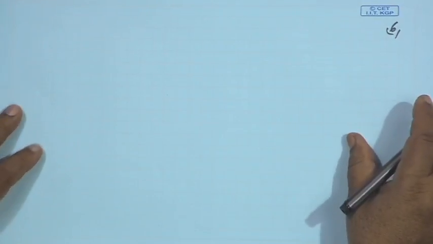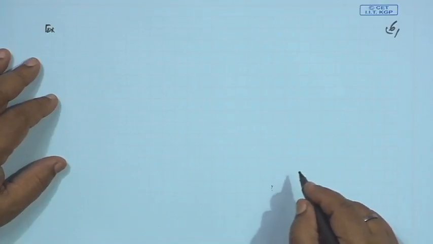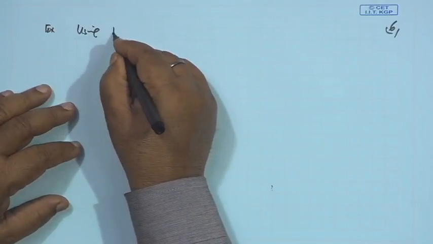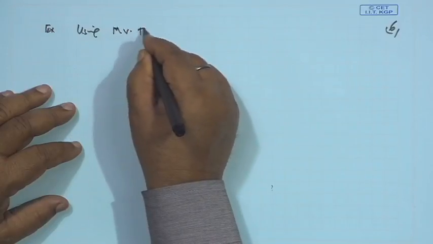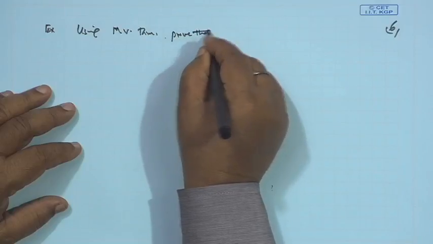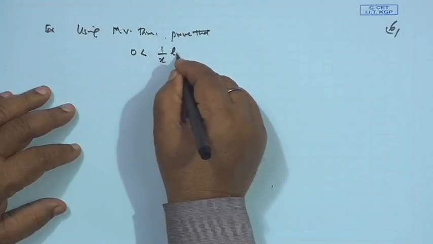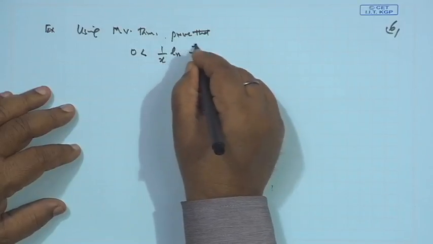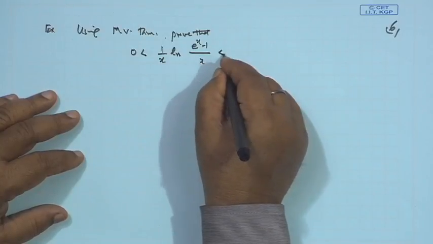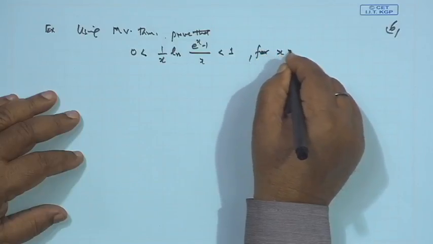Now, using the mean value theorem, we can also derive certain inequalities. Say, using the mean value theorem, prove that 0 < (1/x) ln((e^x - 1)/x) < 1 for x > 0.